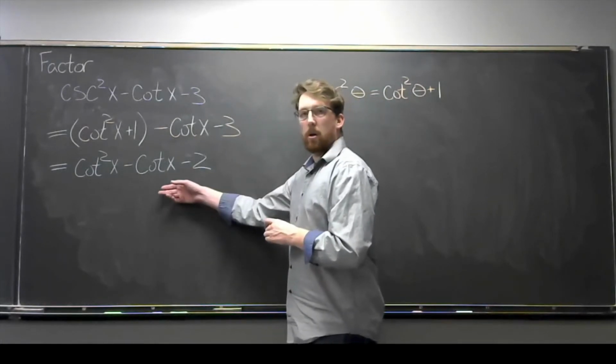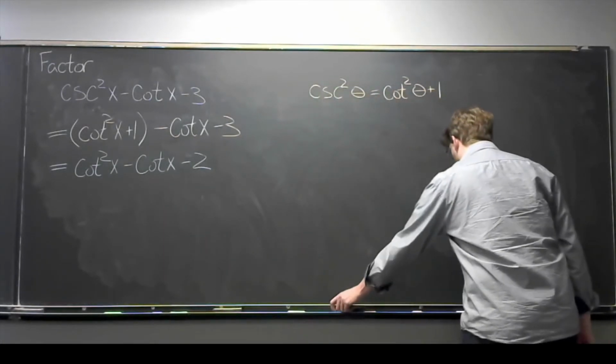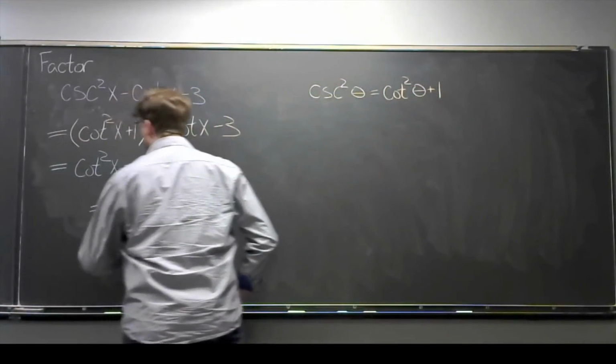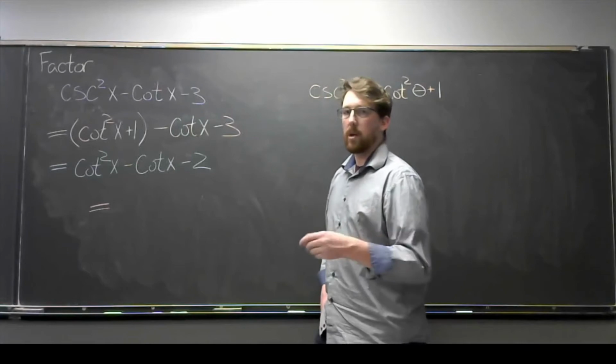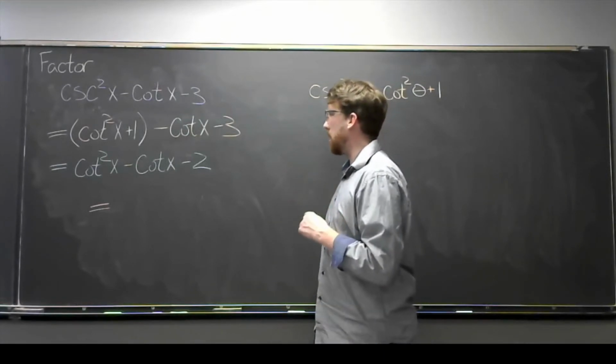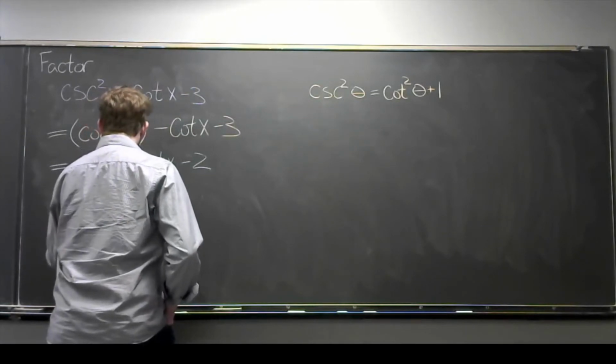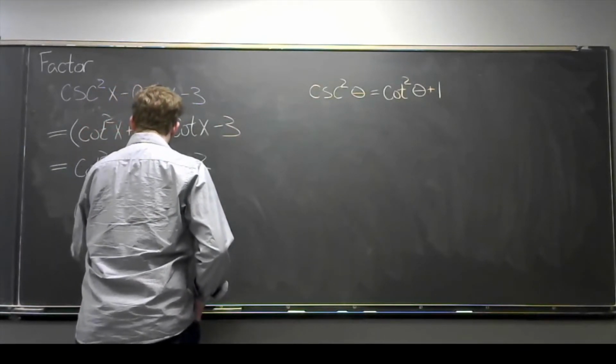Now from here, we can use that substitution, that idea of the substitution that we used in the last example, and say, all right, let u be equal to cotangent of x.